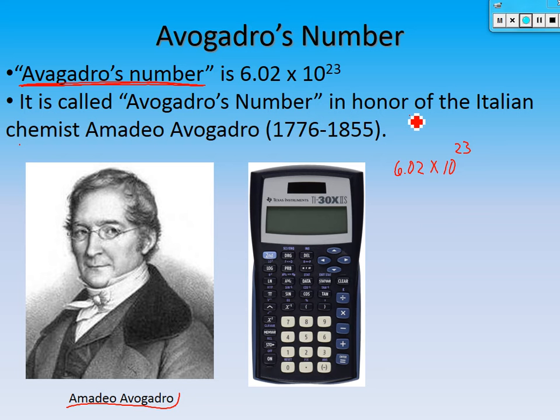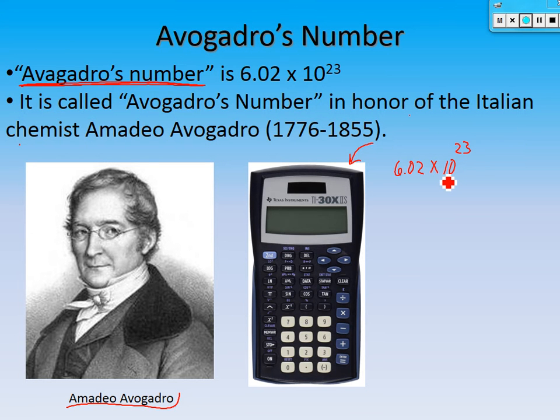So we have to learn how to put this number in our calculator. So I've got a picture of the calculator that we have. Okay, it's a TI-30. And so if you're using this calculator, I wanted to go over how to put this number into your calculator so that you don't make so many errors when you put it in. Okay?